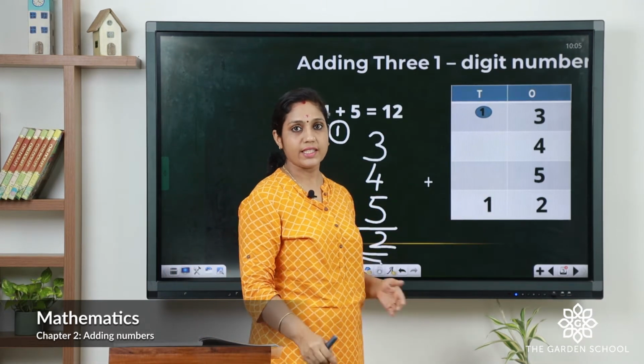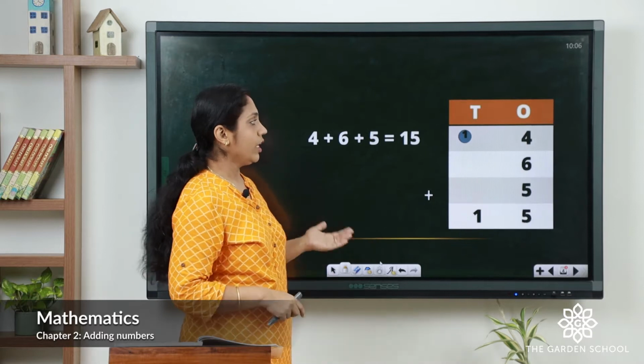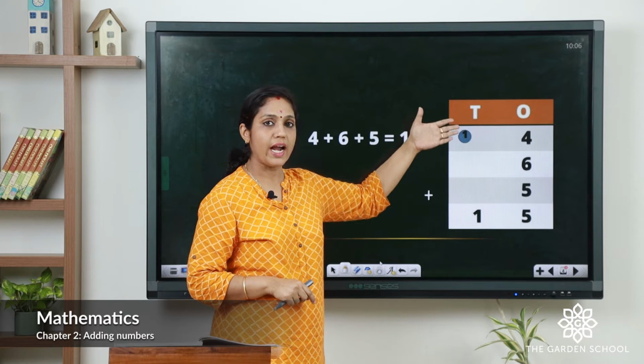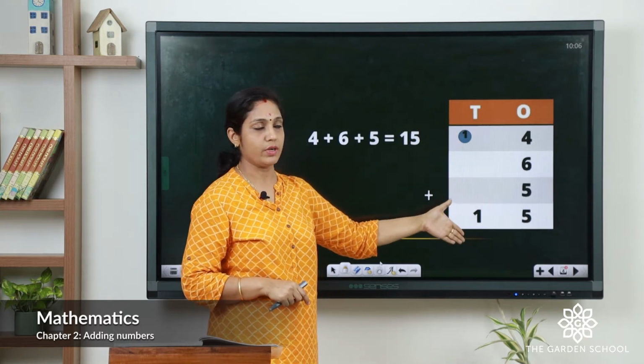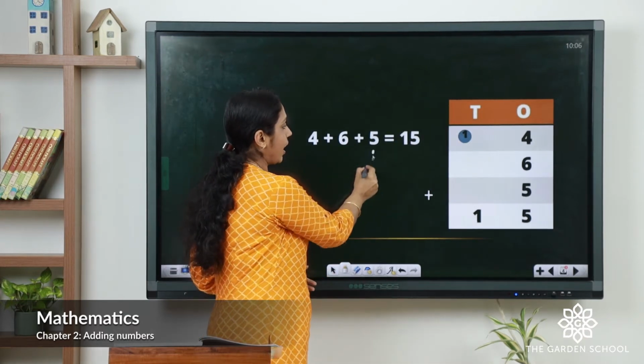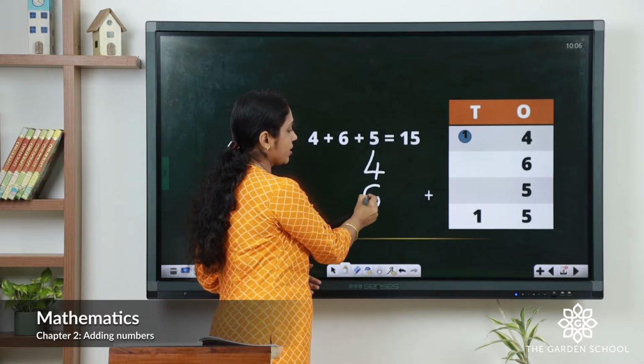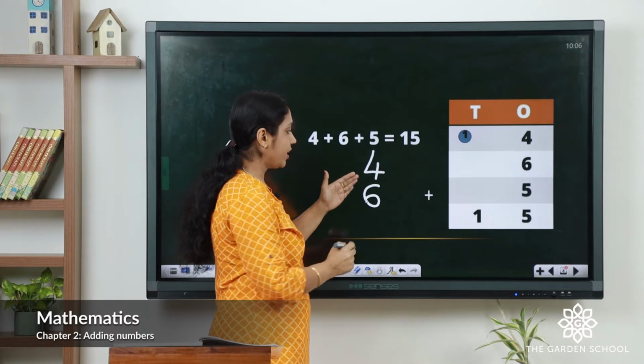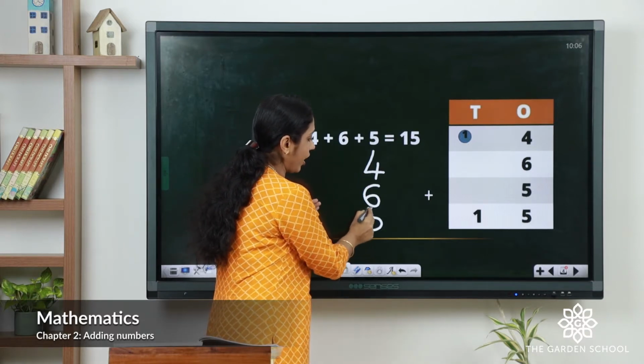Let us take another example. Here we have 4, 6 and 5. We have to add these 3 one-digit numbers. So, first we have to add the first 2 digits. 4 plus 6 is 10 and with that 10 we are going to add that 5.